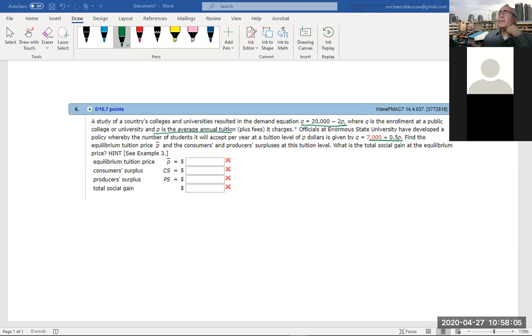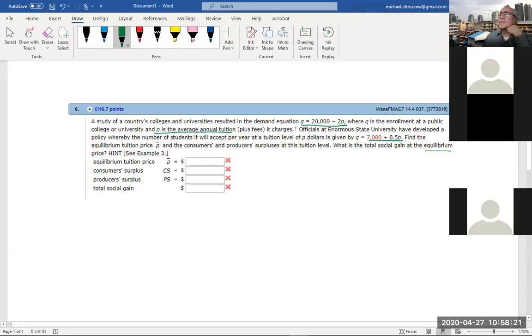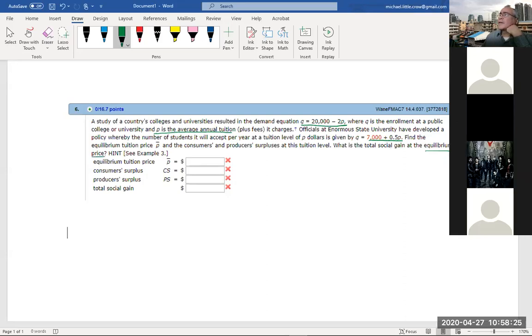Find the equilibrium tuition price P bar and the consumer's surplus. Actually, we didn't do anything with the equilibrium price, did we? No. We just set them equal and then solve for P, right? Yeah, that would make sense.